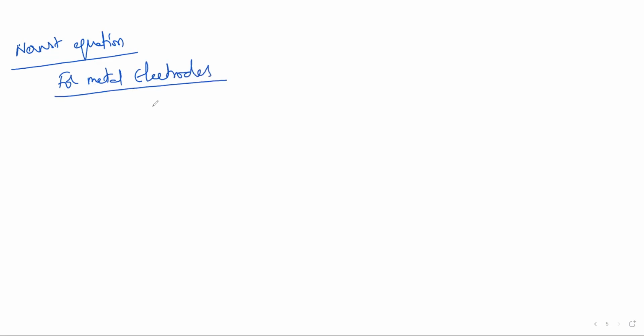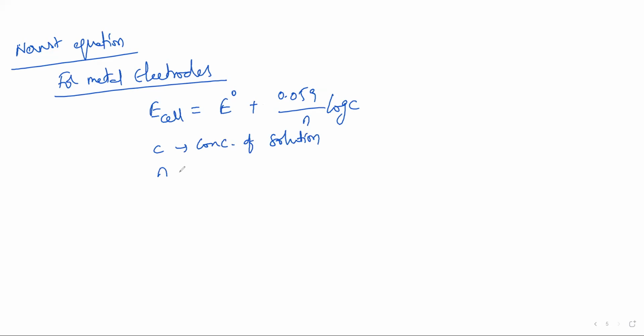Next, Nernst equation. So the Nernst equation for metal electrodes is given by: EMF of the cell is E0 minus or plus 0.059 by n into log C. Here C is concentration of solution and n is number of electrons transferred.